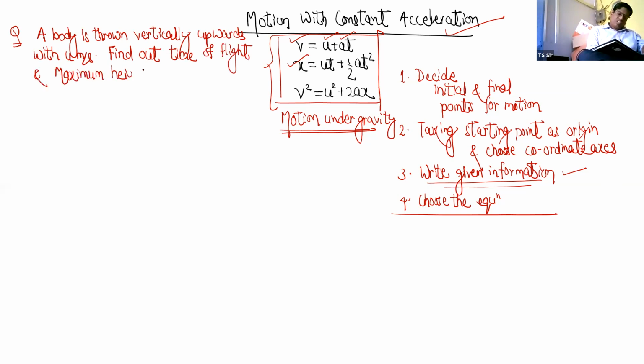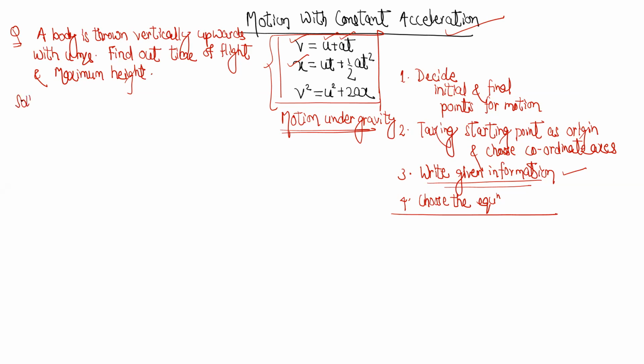Let me solve this question and the next question you can solve yourself. I will tell you what mistakes students make and what the thought flow should be. Then you can apply it from the next question. Time of flight is 2u/g. How is time of flight 2u/g?